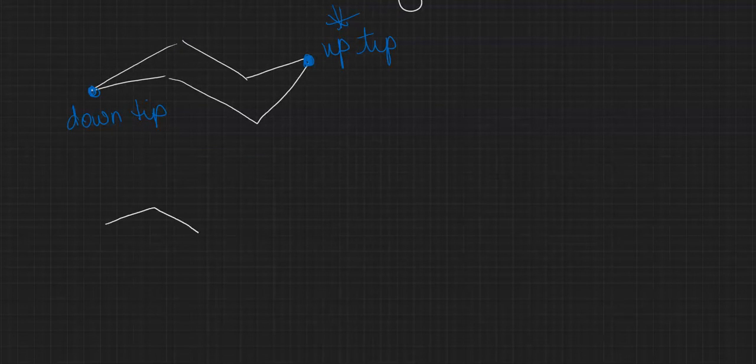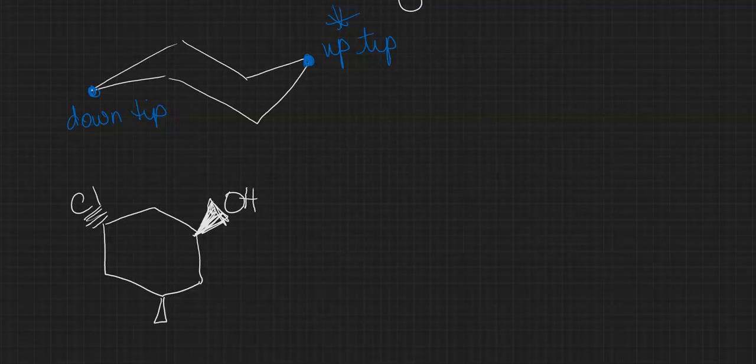So let's just say I had a flat structure, and I wanted to take my hexagon and draw it into a chair conformation. When we do this, the dark wedge is always going to be up and equatorial.